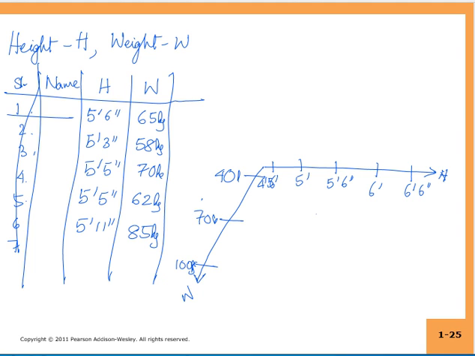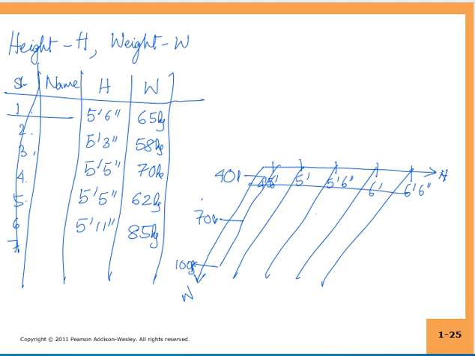Now think of it being a floor. On the floor we make little tiles, or little grids. We call these individuals whose heights and weights have been tabulated in this table, and we say, please choose that particular height that you belong to and that particular weight that you belong to.